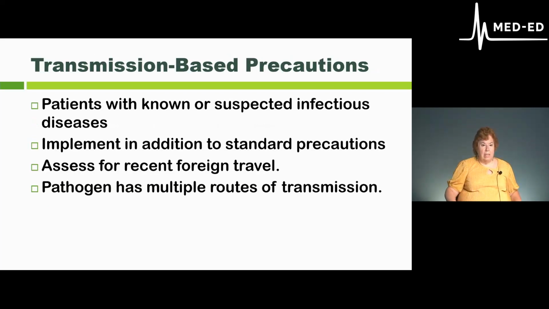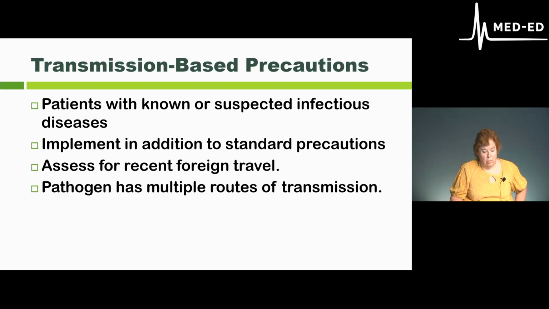So those are our standard based precautions, and then we also move into some transmission based precautions. These are used when you know a patient has a known or suspected infectious disease. This is in addition to the standard levels of precautions, and this is based on how the pathogen is transmitted to the person or from the environment.